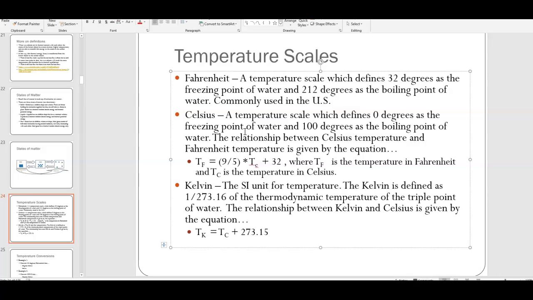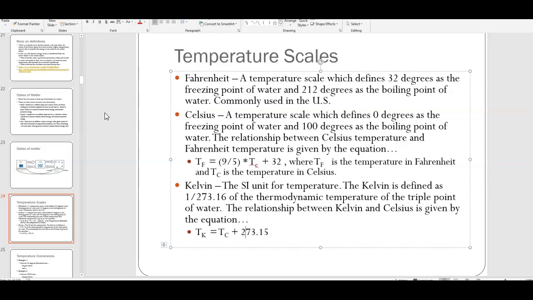You might ask, though, what is triple point? And so that's something we'll talk about at the end of this video. This is kind of an interesting little phenomenon. This relationship is given to you on the IB exam, but just so you know it, to convert between Celsius and Kelvin, the equation looks like this. You take the temperature in Celsius and you add 273.15, and that gives you the temperature in Kelvin.